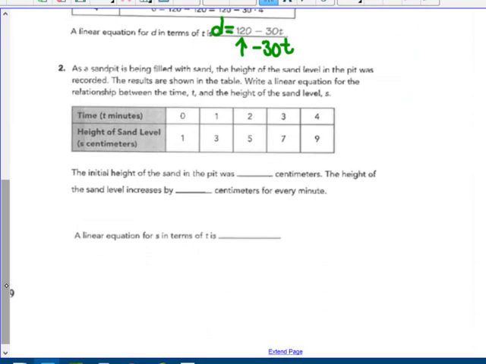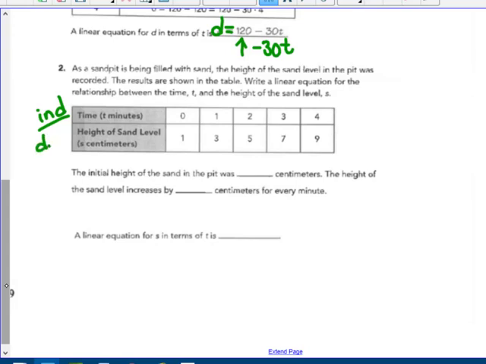As a sand pit is being filled with sand, the height of the sand level in the pit was recorded. The results are shown in the table. So it's being filled, so it's going up, right? So the time, again, is the independent variable. That would go on the x-axis because the height of the sand depends on how many seconds you're pouring it in, leveling it up.